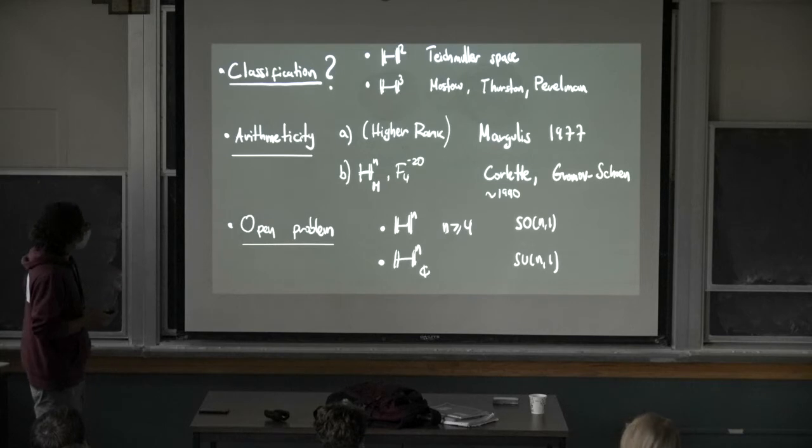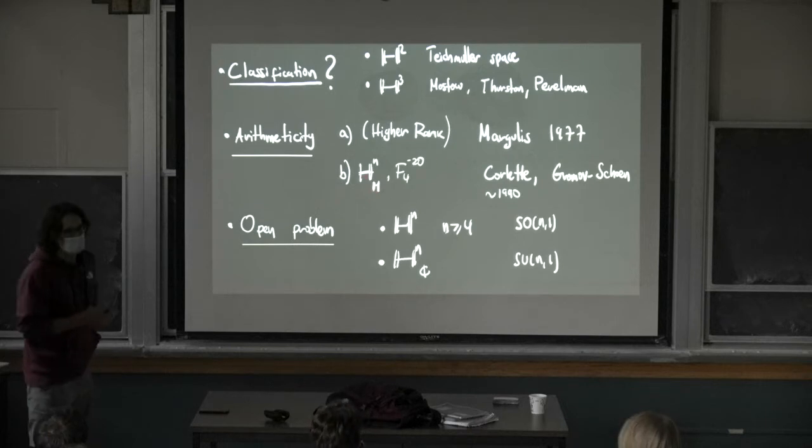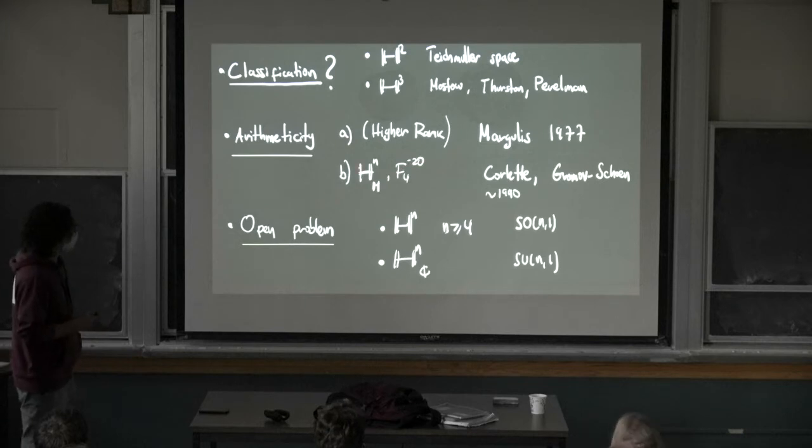And around the 1990s, Kevin Corlette, who has an office here, proved the same for these very complicated spaces, like quaternionic hyperbolic space and this other one that is much more complicated. These things are very high dimensional.